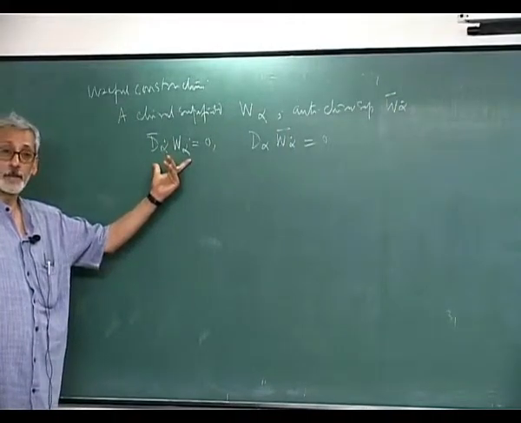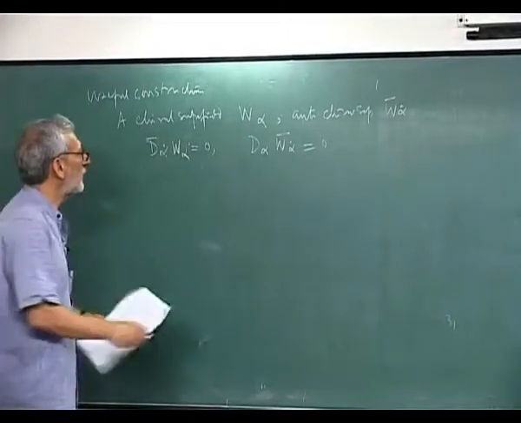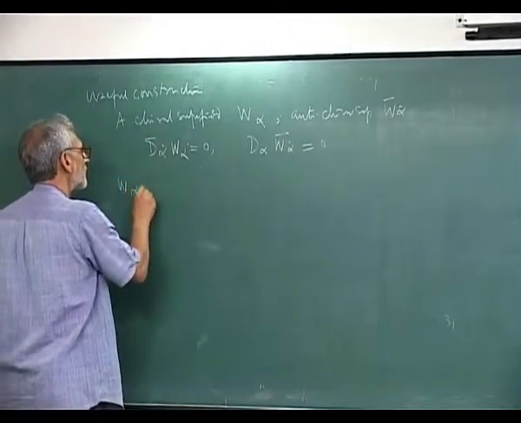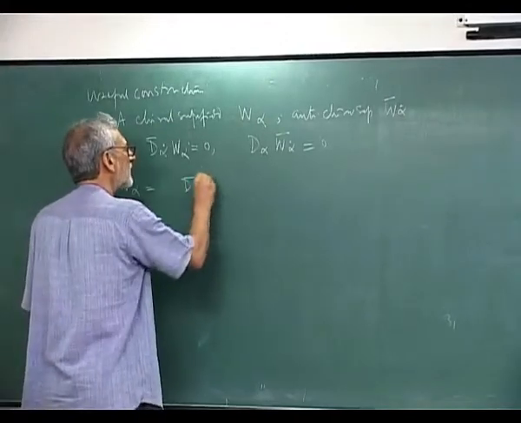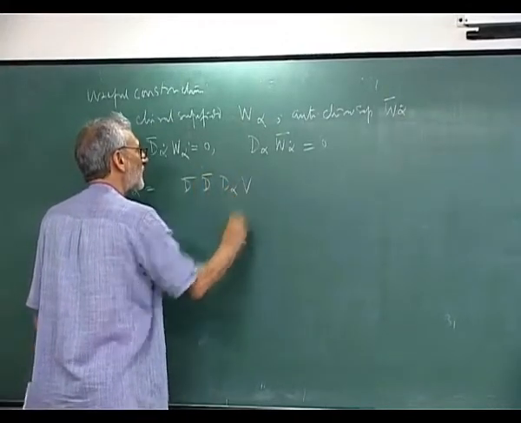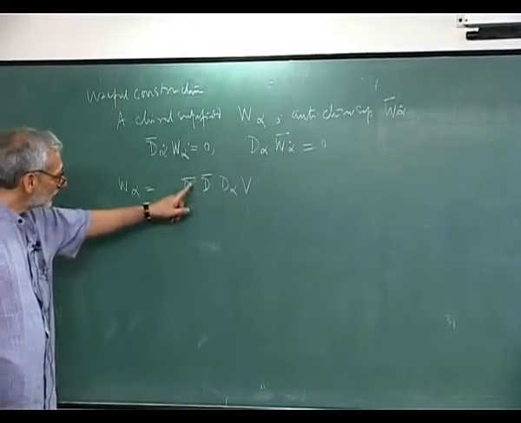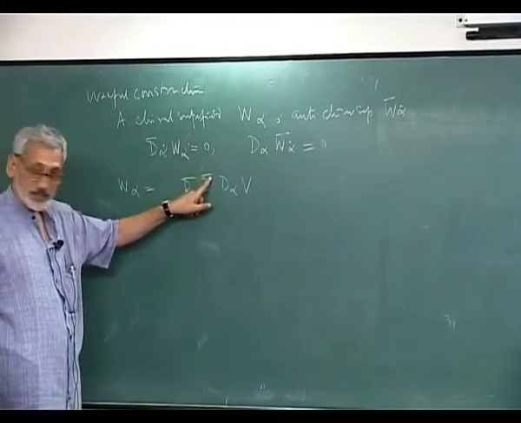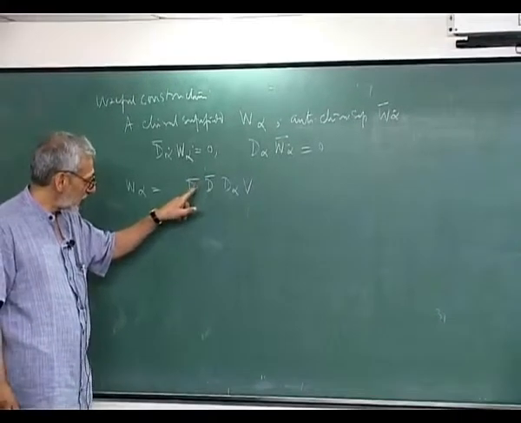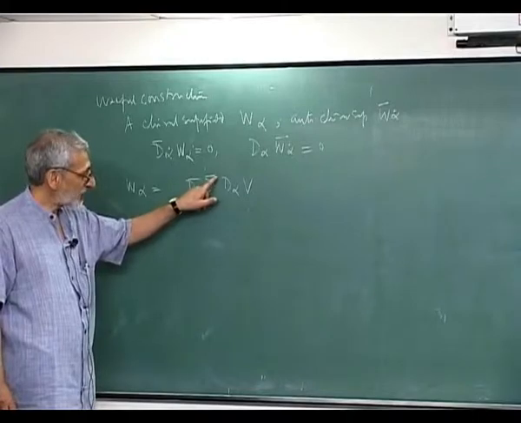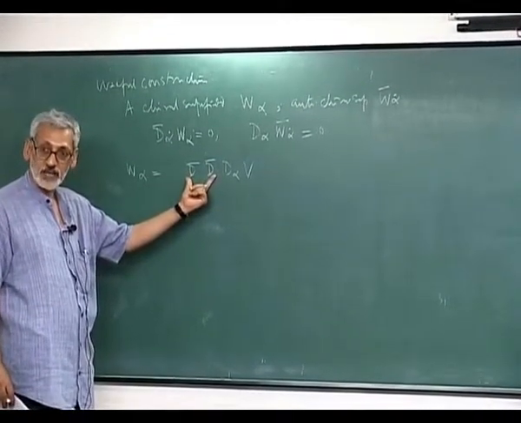So chiral and anti-chiral, where W alpha is the following object: D bar D alpha of V. This is the notation: D bar D bar alpha dot is a shortened notation for these two D bars.